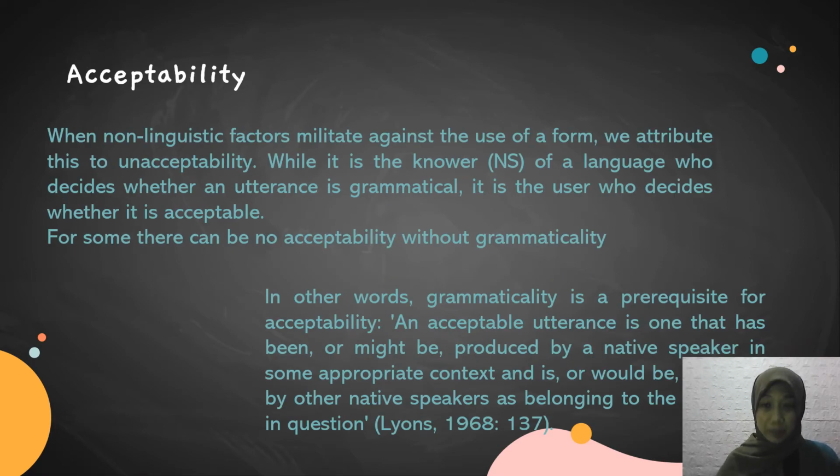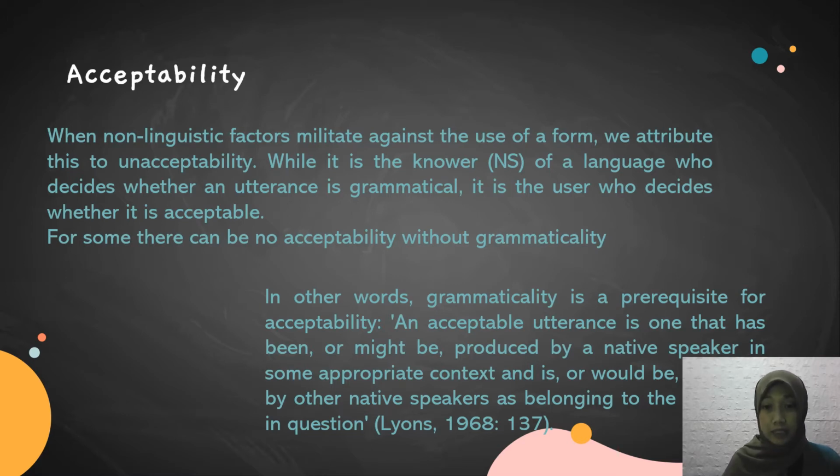Next, acceptability. When non-linguistic factors militate against the use of a form, we attribute this to unacceptability. While it is the knower or NS of a language who decides whether an utterance is grammatical, it is the user who decides whether it is acceptable. For some, there can be no acceptability without grammaticality.